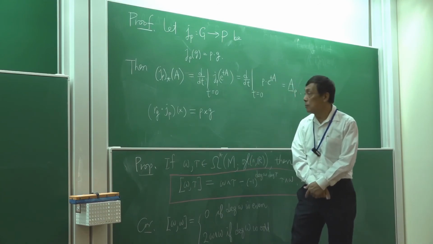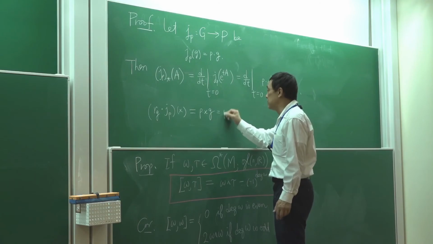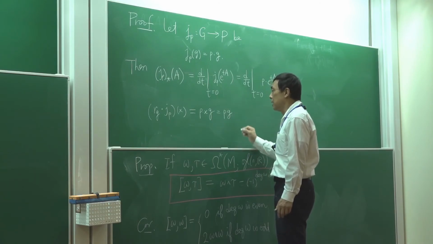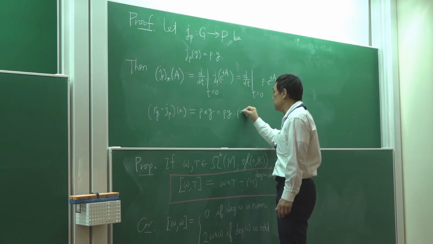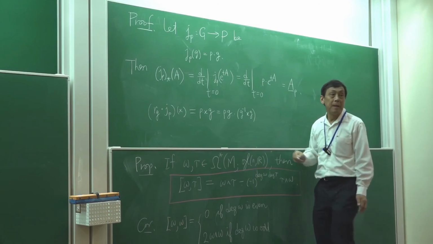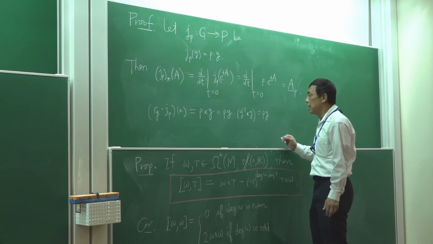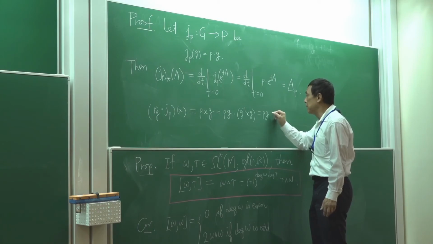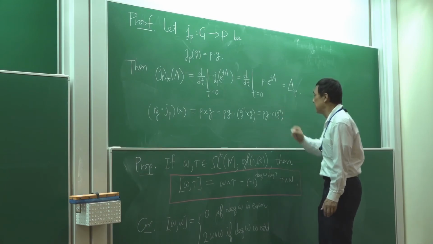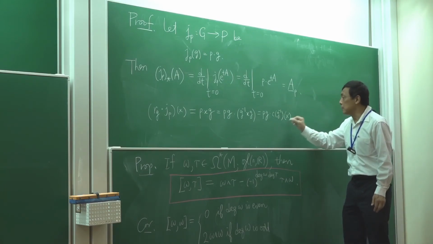So I get p x g, and that's equal to pg dot g inverse x g. Okay? So that's pg dot conjugation by g inverse applied to x.